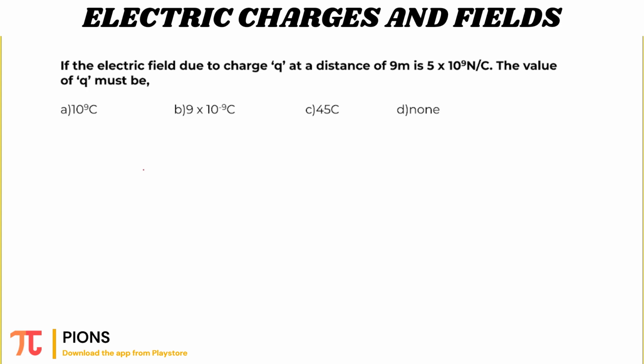So the question over here says, if the electric field due to a charge capital Q at a distance 9 meters, so R is 9 meter, and the electric field E is 5 into 10 to the power 9 Newton per Coulomb. The value of Q they are asking. So electric field E is nothing but K Q over R square. And electric field is 5 into 10 to the power 9.